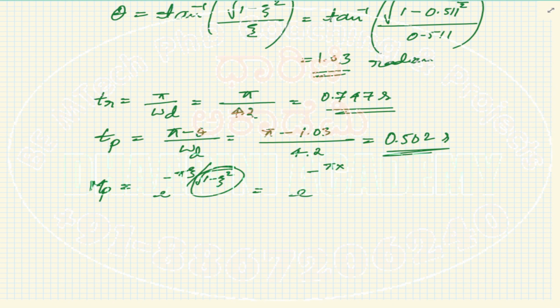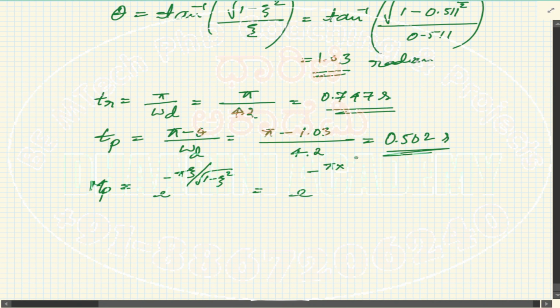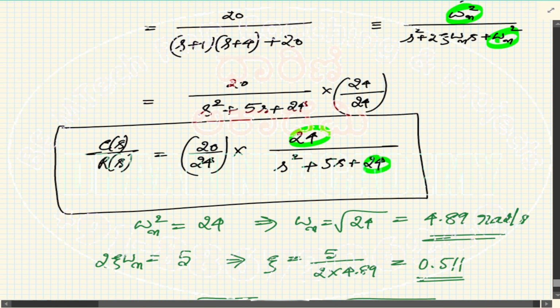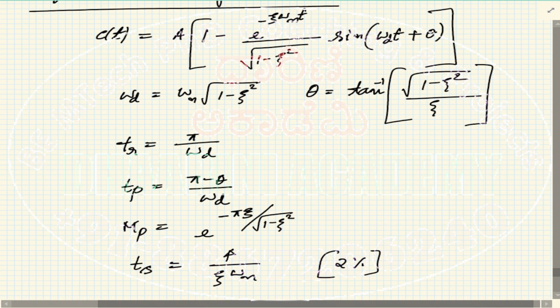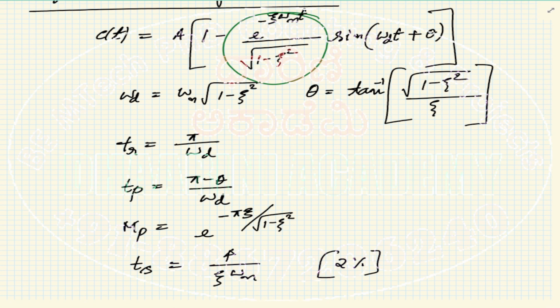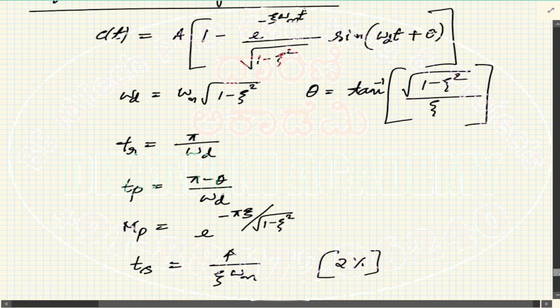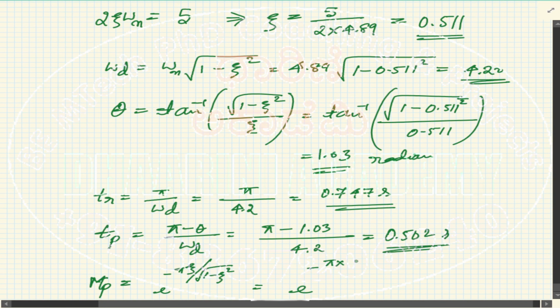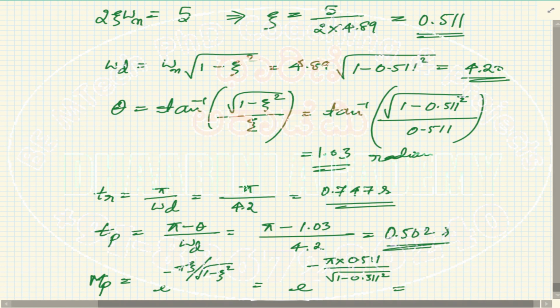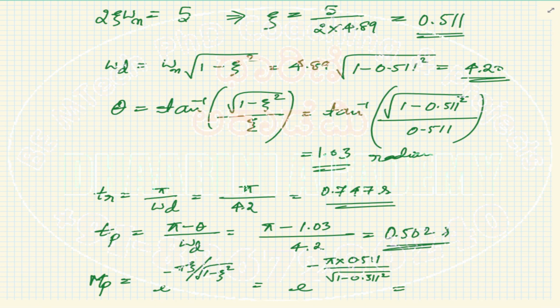Only this much. It's only this part. So in the equation of C of t, you have that separate. You can just check this. So see, this is the other term. So I think zeta value is 0.511 divided by root of 1 minus 0.511 square. So the result comes in a fraction. You can multiply it by 100 to get a percentage. How much it will overshoot.